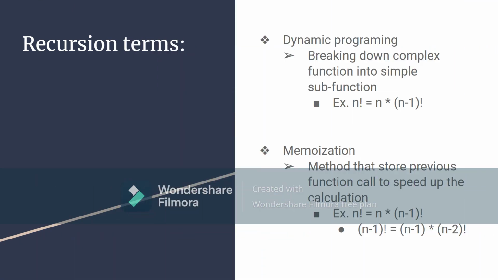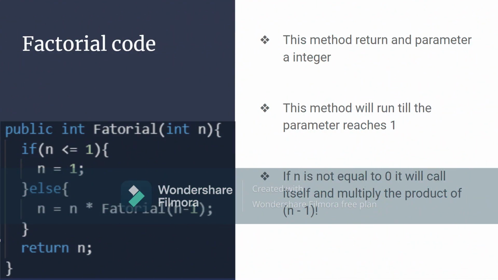Dynamic programming is a breakdown of a complex function into simple sub-functions, such as n factorial being equal to n times n minus 1 factorial. And memoization is a method that stores previous function calls to speed up the calculation. For example, n factorial is equal to n times n minus 1 factorial, right? And then n minus 1 factorial can be equal to n minus 1 times n minus 2 factorial, and continue like this.